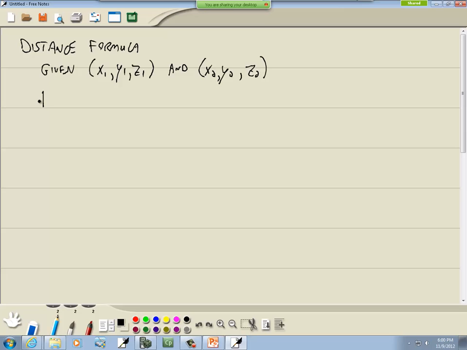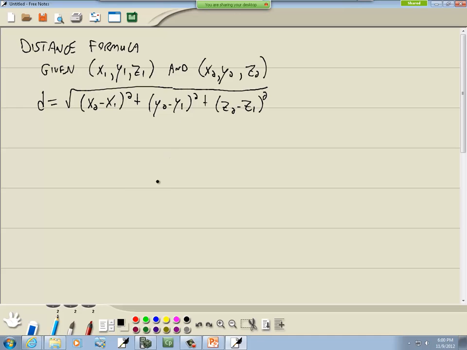Then your distance is going to equal the square root of x2 minus x1 squared plus y2 minus y1 squared plus z2 minus z1 squared. Like that.